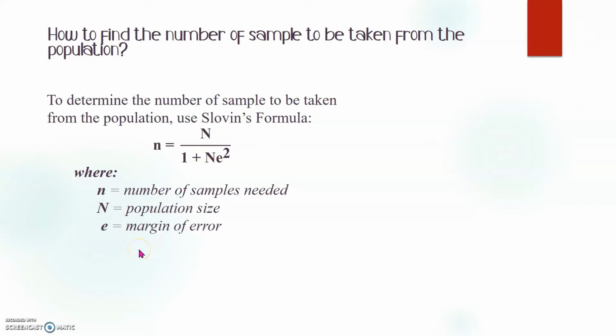Now, the margin of error is determined by the researcher. In research works, the researcher determines the margin of error that is appropriate to his or her research work. In most cases, the margin of error used in most researches is 5% or 0.05.